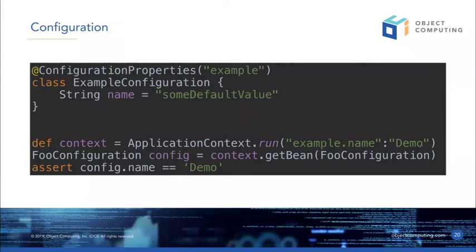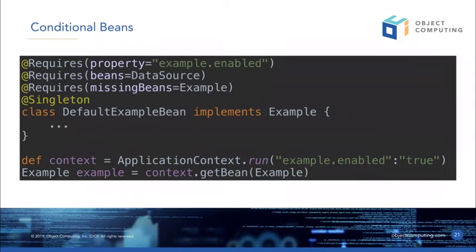So you can supply default configuration simply by setting defaults on the properties in your configuration class. And then if anybody overrides them, they just simply override them, and that's that. So this is a way that you can supply default configuration, and also allow users to override that configuration themselves.